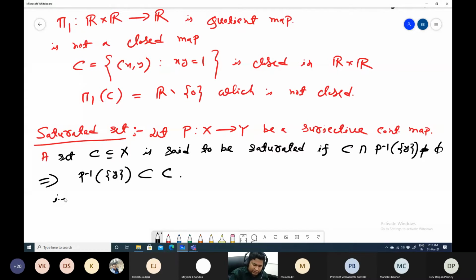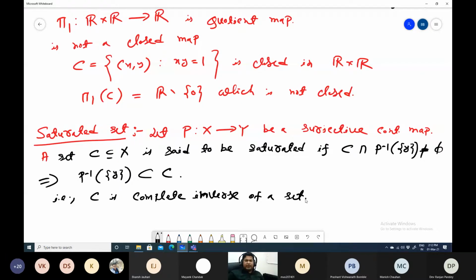So in other words, C is a complete inverse of a set. Okay.